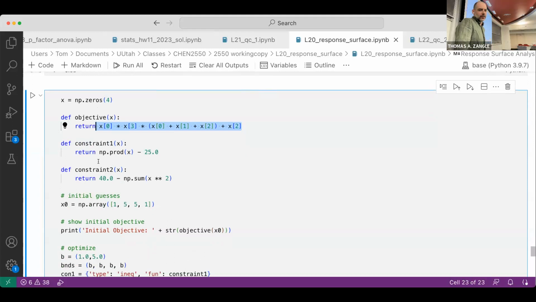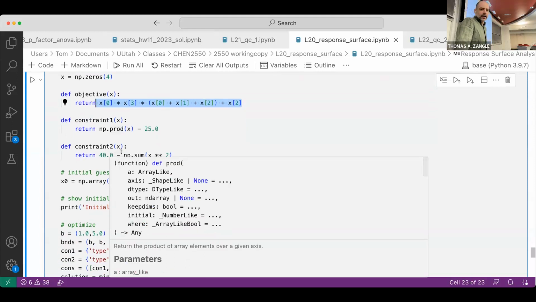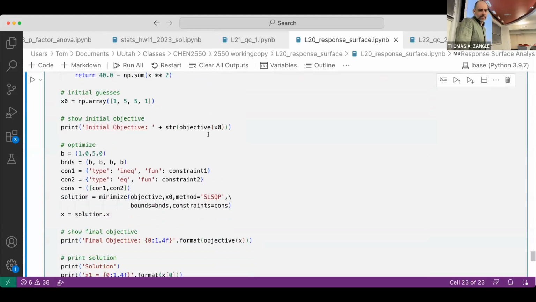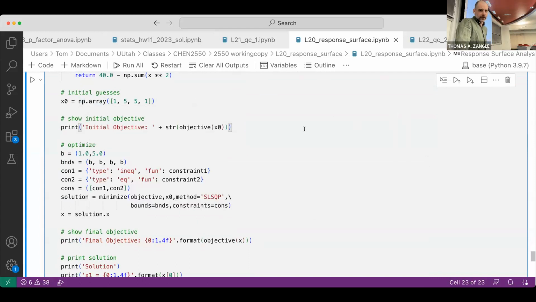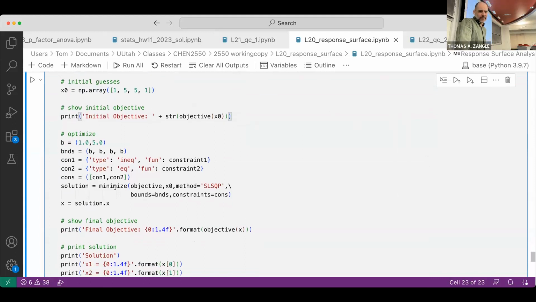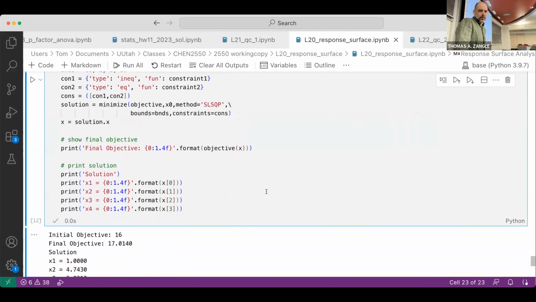And then we define our constraints as well. And then we're going to input our initial guesses, hovering over it and getting the help tips. And then we're going to use that minimize function in order to actually find the minima.